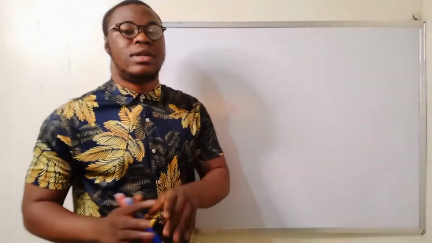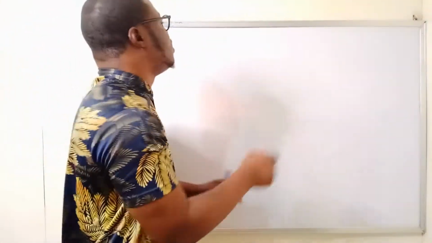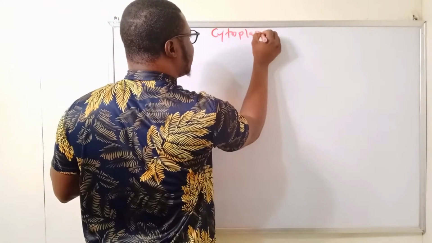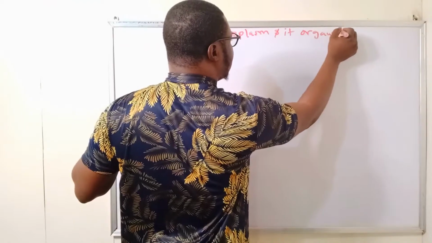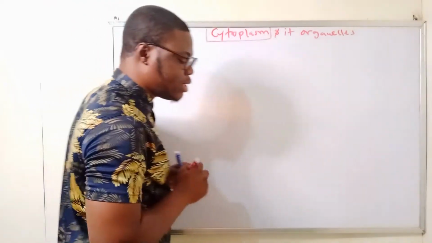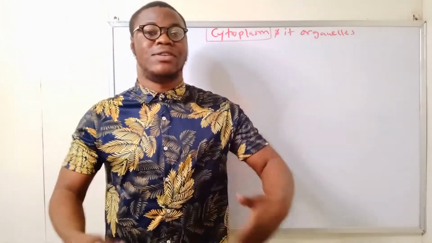Welcome back. Now, talking about the organelles, let me explain the meaning of cytoplasm first. Let's talk about the cytoplasm and its organelles. Now, what's the meaning of cytoplasm? I'm very sure that we must have seen snack vendors preparing their snacks.